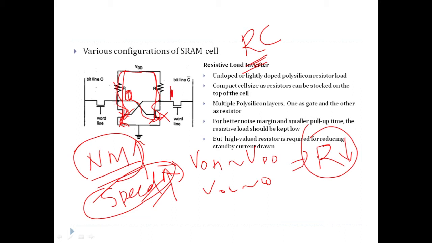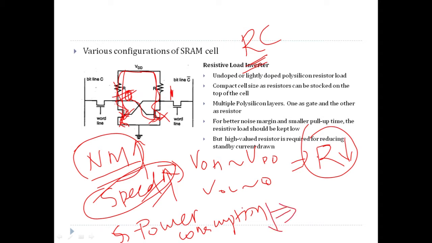Now to minimize this static power consumption, one way is to reduce the current. To minimize the current, we have to increase the resistance value. So to improve the static power consumption, or to reduce it, the resistor value should be larger because it minimizes the current.